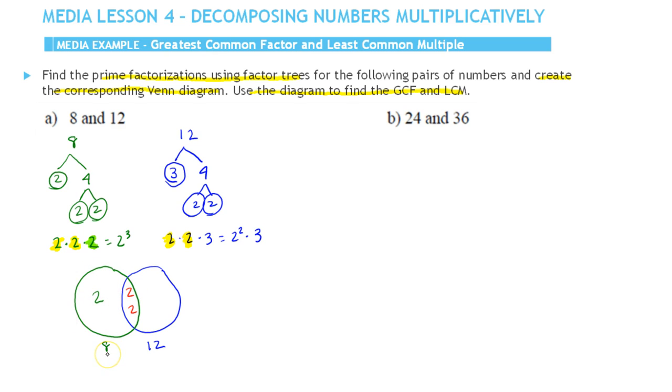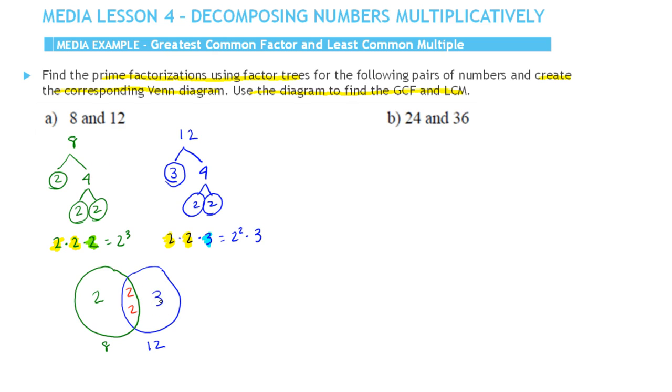So if I look at the green circle, I have 1, 2, 3 factors of 2, and that's the prime factorization of 8. Now I want to fill in any factors that 12 has that 8 doesn't, would go here. Okay, so that's in the circle that contains 12's factors, but not 8's factors. So the only one there is 3. So I'm going to put 3 in this circle.